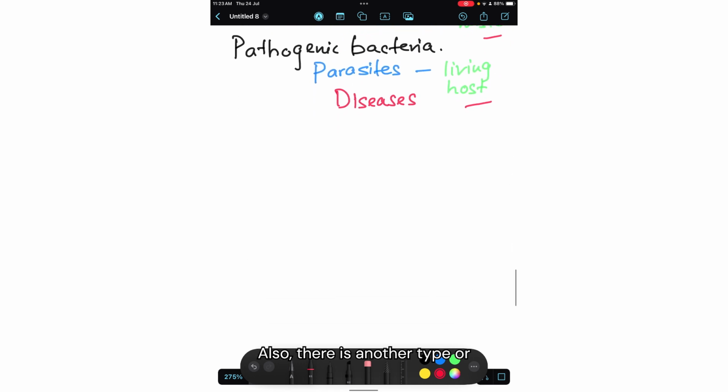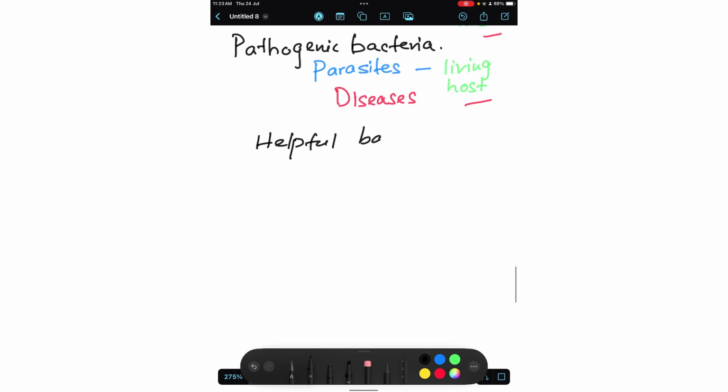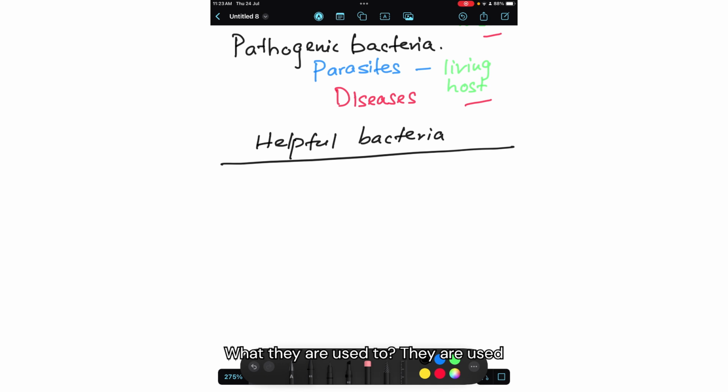There is also another classification we can make. We can identify bacteria as helpful bacteria. These are the different criteria. What are helpful bacteria used for? They are used to produce foods. What kind of food can we produce from bacteria?